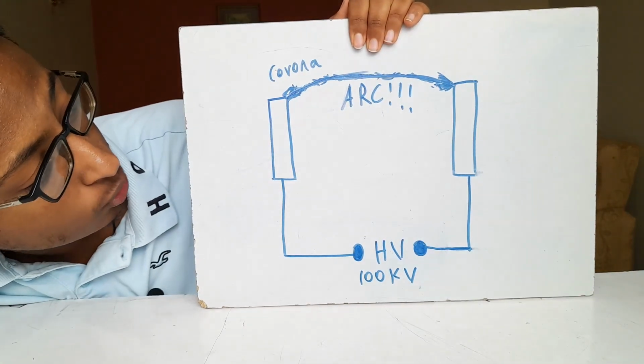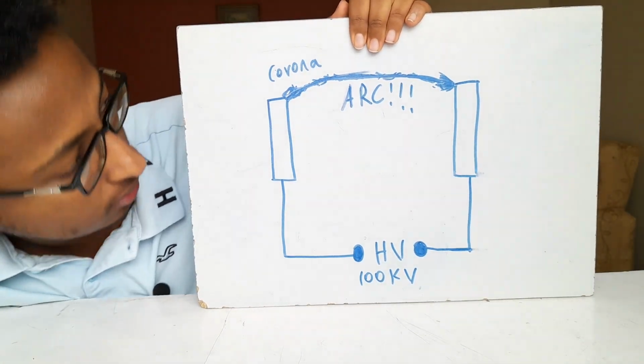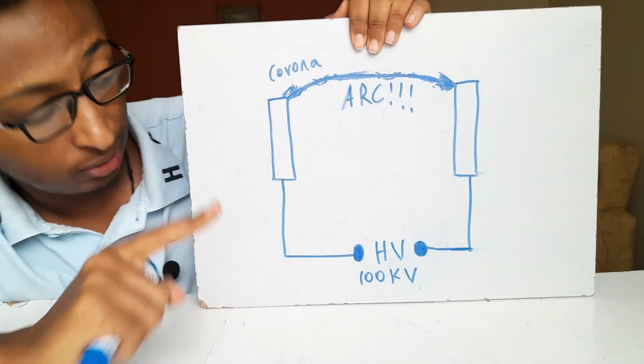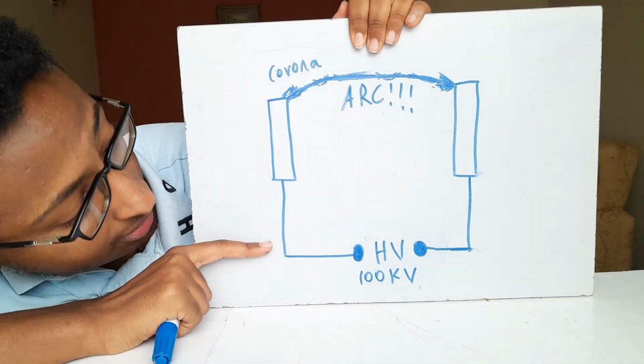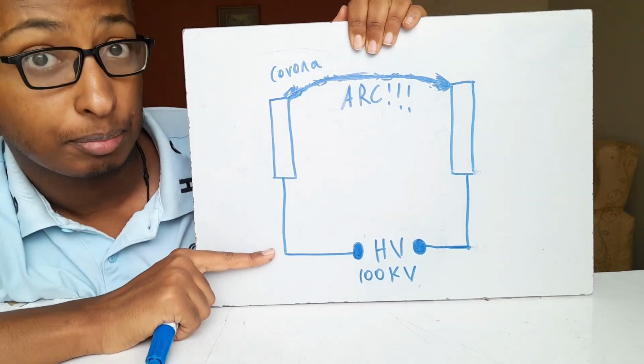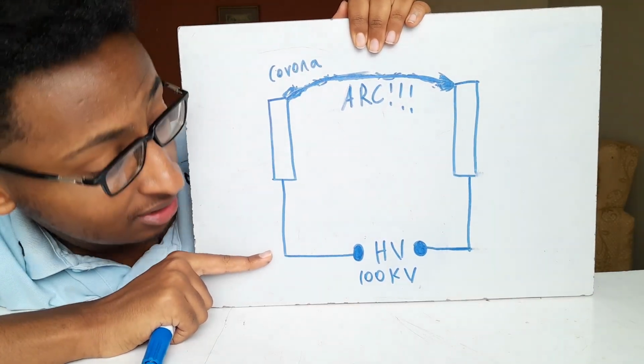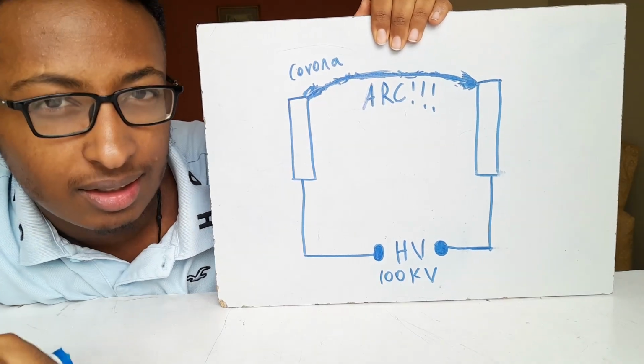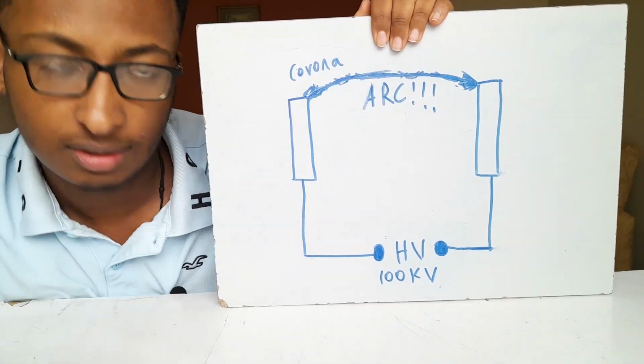Now the two of them are connected, and we call it arc, or arcing. When this happens, it depends on the voltage type. What I mean by that is: is the high voltage we are giving to the system AC or DC? Because that hugely depends.